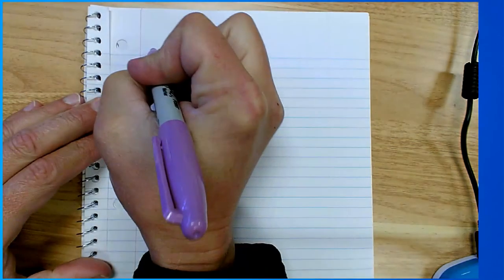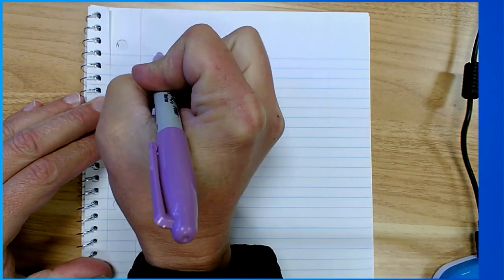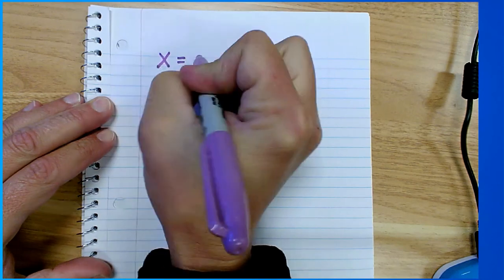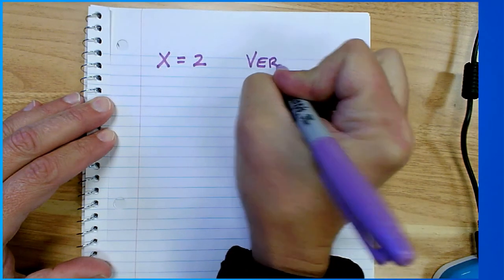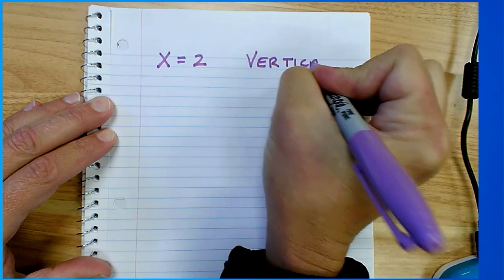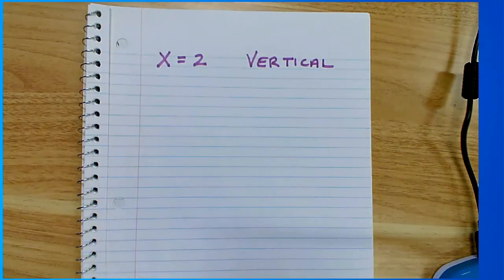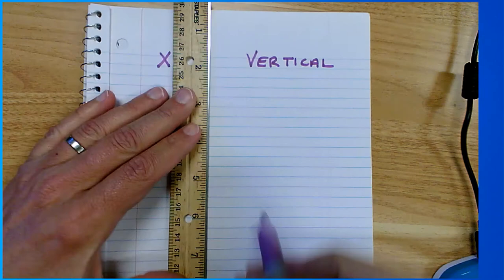All right, part 3. We're going to do vertical and horizontal lines. So if we have x equals 2, that is a vertical line. What would that look like if I graph it?